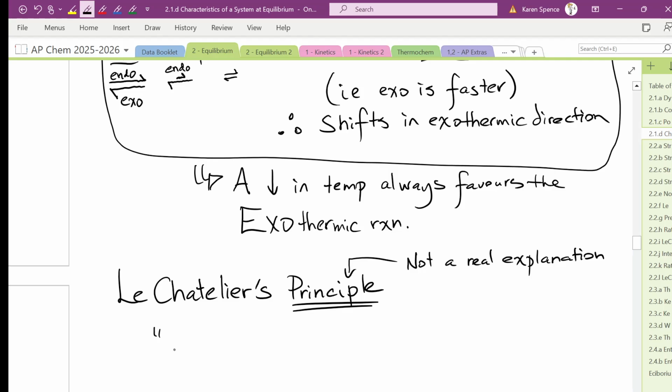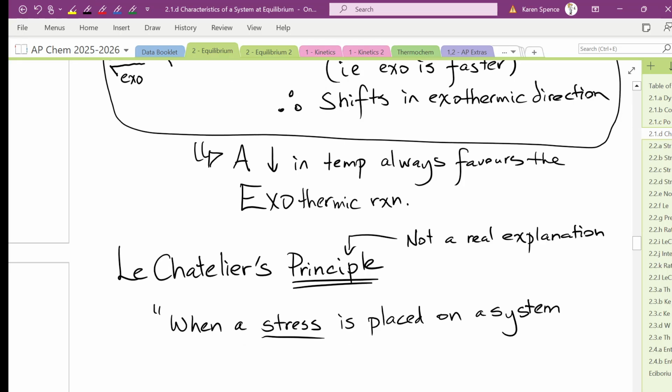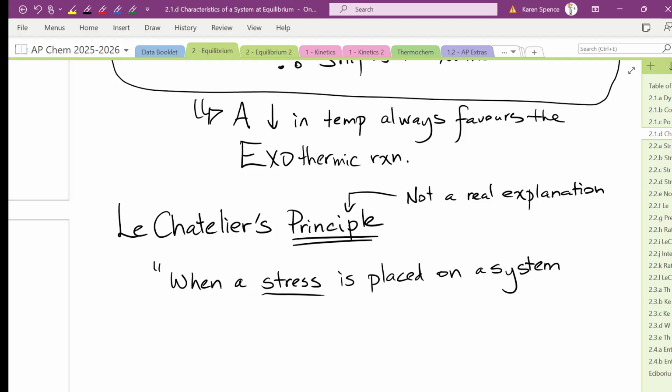It says, when a stress is placed on a system, right? We make a change to the system.